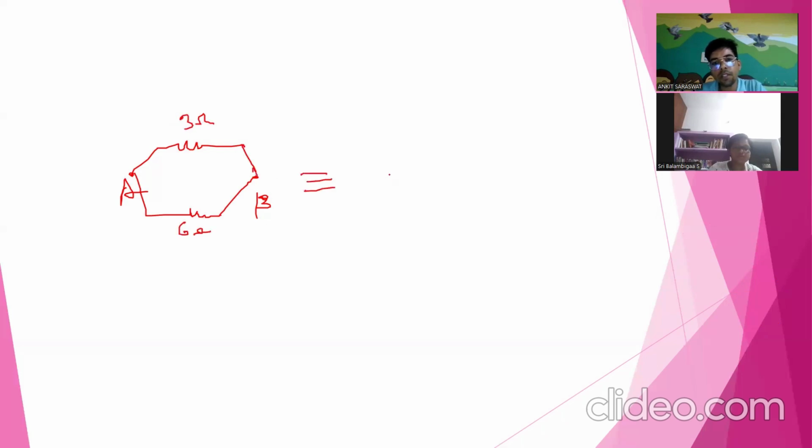This is the junction AB. Here 3 ohm and 6 ohm. Clear? When you find the resultant equivalent, leaving junction A and junction B, no need to touch these. The equivalent of this and this we can write like this.